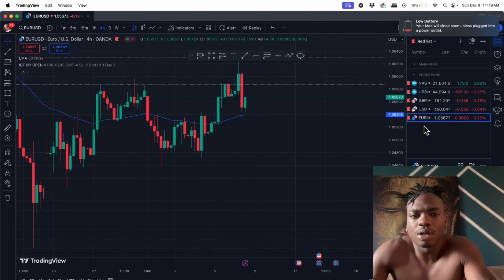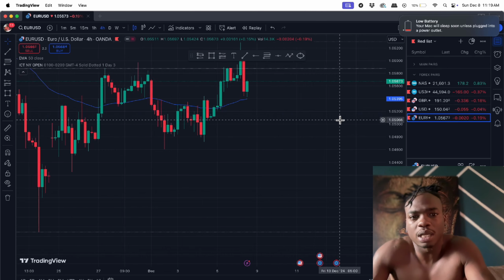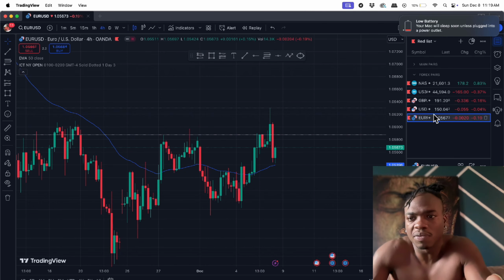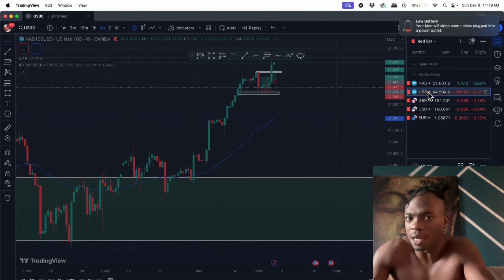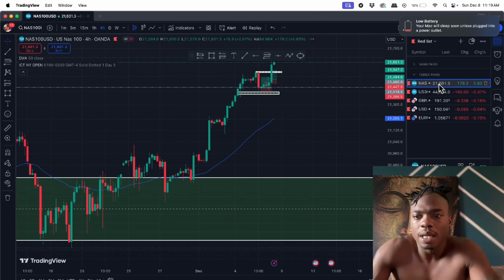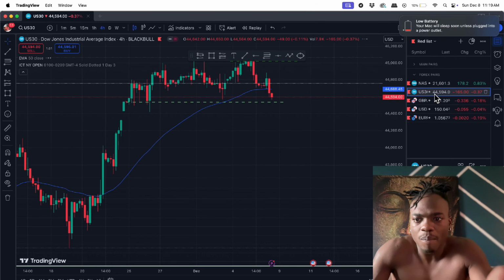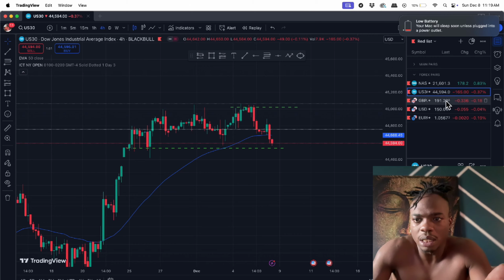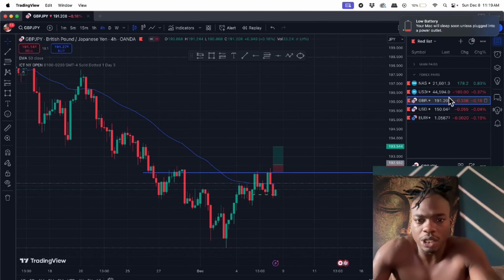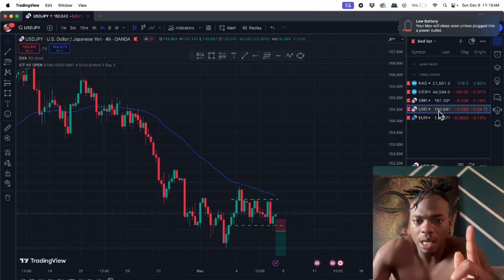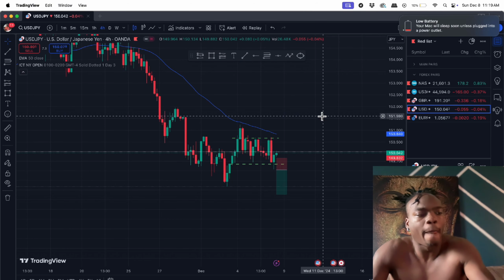Well, no, not the Euro USD. I'm thinking about taking this off my list of pairs because I just found out that I can trade this now. NAS 100 USD, US 30, GJ, and USD JPY.